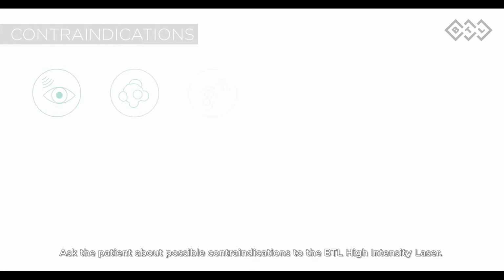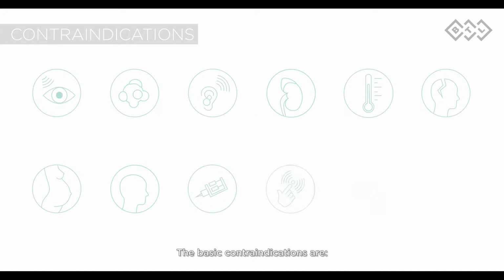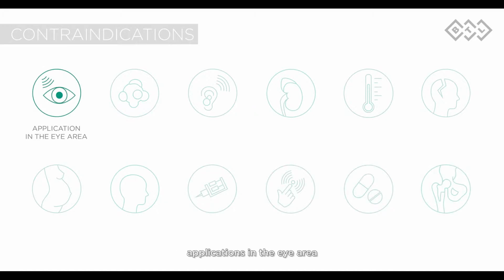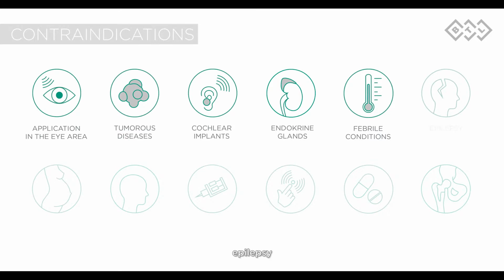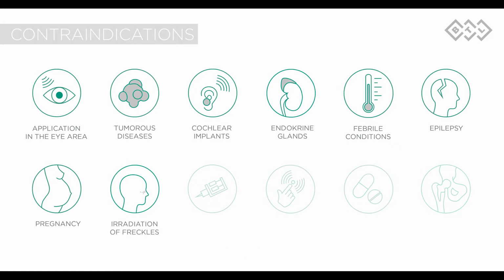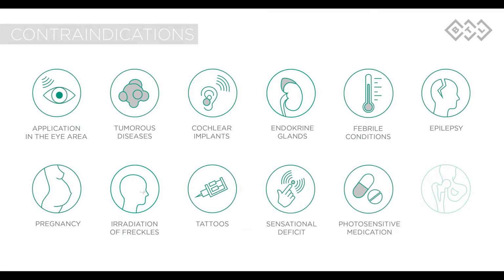Ask the patient about possible contraindications to the BTL high-intensity laser. The basic contraindications are applications in the eye area, humoral diseases, irradiation of patients with cochlear implants, irradiation of endocrine glands, patients with febrile conditions, epilepsy, pregnancy, irradiation of freckles, sites that have tattoos, sensory deficit, photosensitive medication, application above metallic implants.